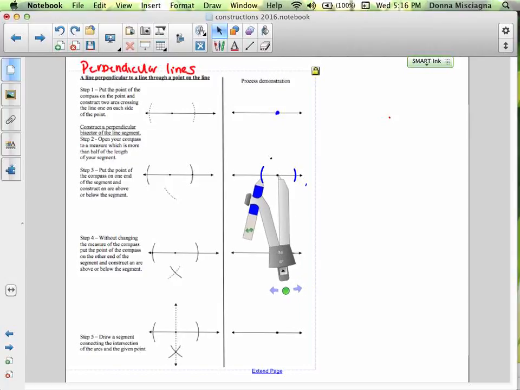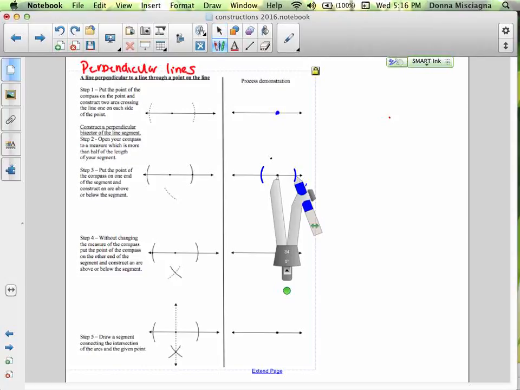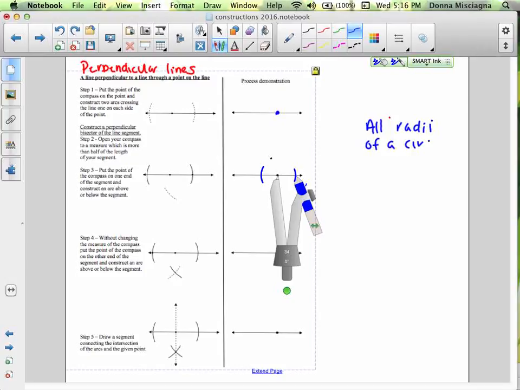Okay. So this, you go from center to edge of the circle. That's a radius. Center to edge of the circle. That's a radius. Right? Well, all radii, let's write this in somewhere where you're not blocking the constructions, wherever it fits in your paper. All radii of a circle, so if we have one circle, all the radii are congruent, right?